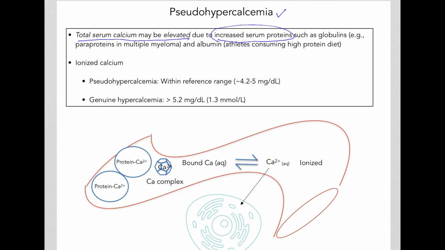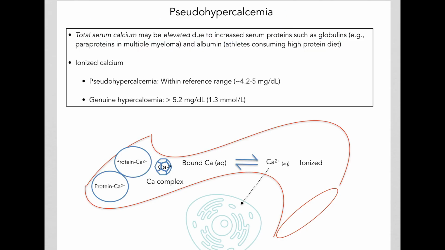Whenever there is an increase in serum proteins, such as the globulins, for example the paraproteins that we see in multiple myeloma, or if there is an increased albumin that we see in, for example, athletes consuming a high protein diet, that may lead to an increase in total serum calcium.